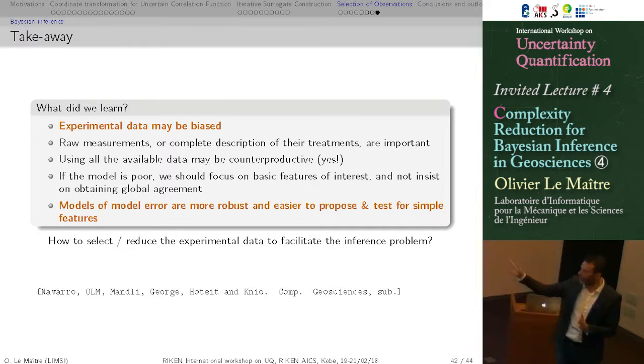And of course, an open question is how to select and reduce the experimental data to facilitate the inference problem. And so Loic presented somehow one way to do that, but here I think it's quite different because it's not just doing some linear combination or linear transformation of the observation to come up with something reduced.